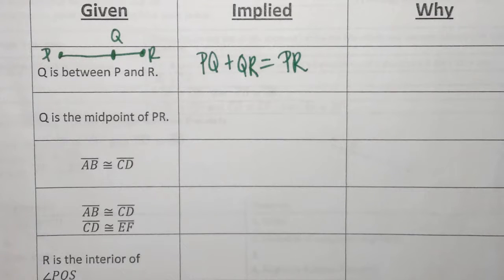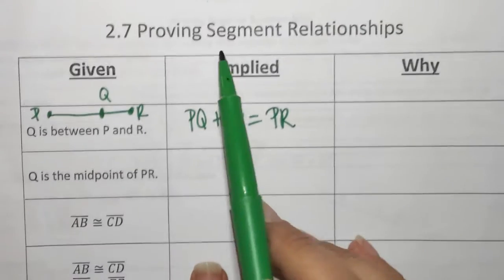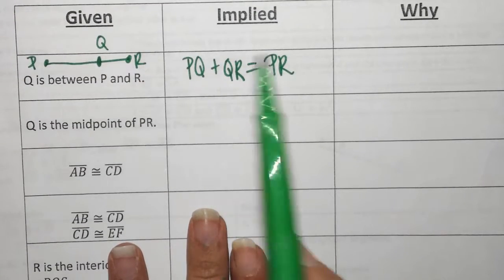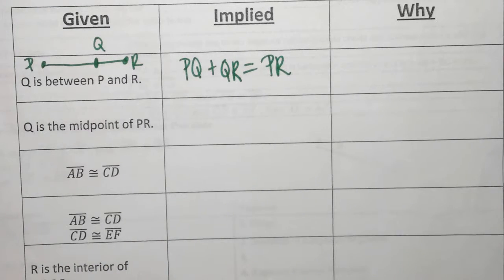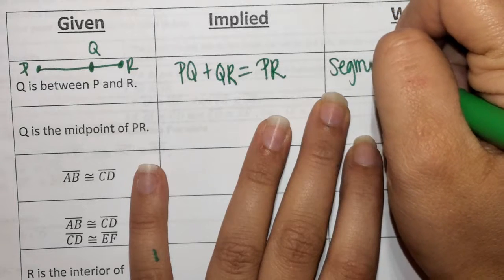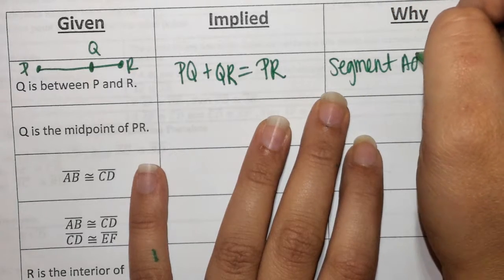It's the first postulate we did ever. We had a whole worksheet on it, and it starts with an S. What are we adding together? We're adding segments, so it's the segment addition postulate. Take a point. That was a struggle, and it shouldn't have been.